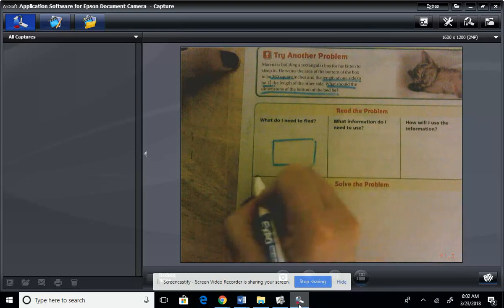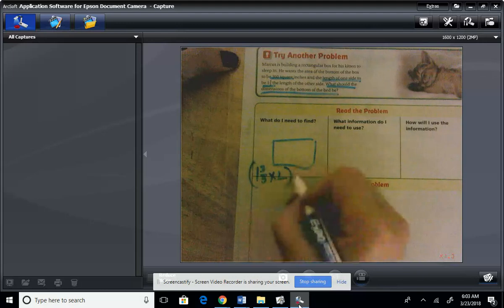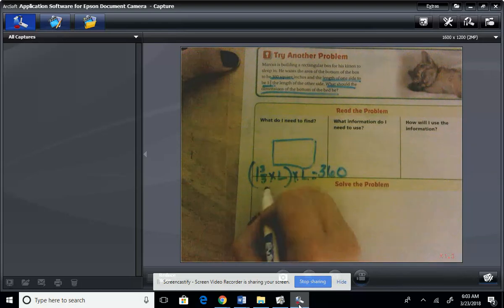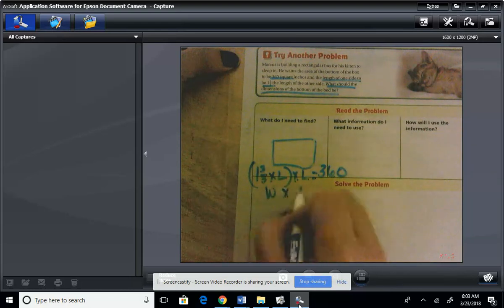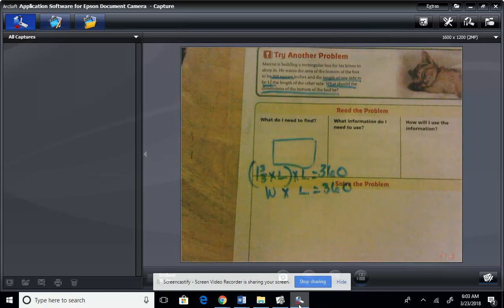What do we know? We know that one of the sides is 1 3/5 times, we'll say the length, times the length equals 360. So this is the width times the length equals 360. When I look at this, it's kind of overwhelming for me.